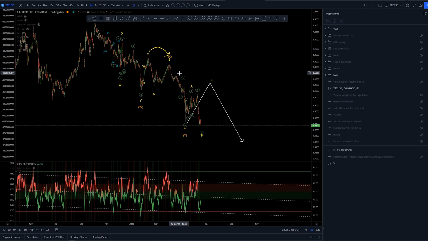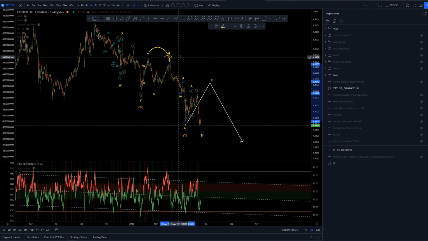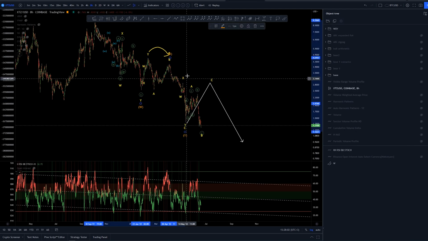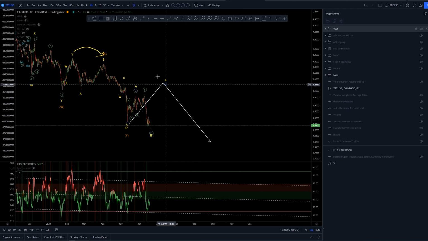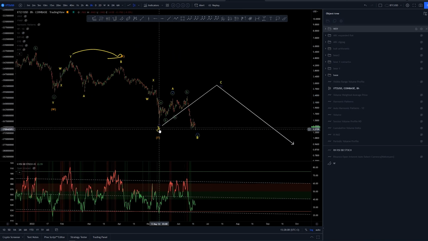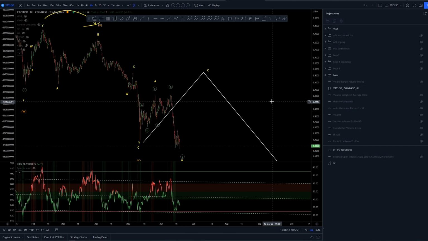So again, this could be a different degree, minor if we are having the X here, we'd have WXY here to end the count. Now, after that point, we would have been looking at this as some kind of expanding flat, possibly.